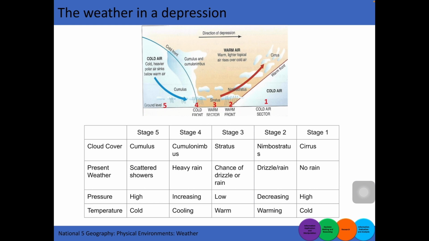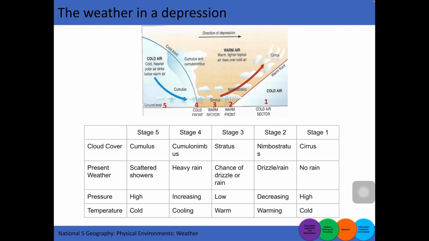The pressure is going to be decreasing because we're in that zone of transition. So we're going to be moving from a high pressure zone where the air is cold to a low pressure zone where the air is warm. And we can say the same for the temperature. The temperature is warming as we move from a cold air sector into a warm air sector.